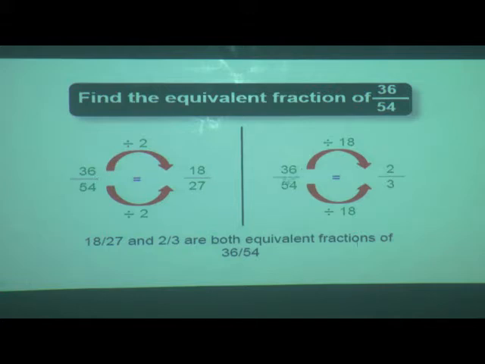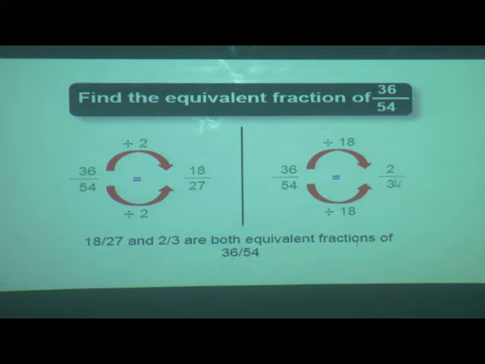In this fraction 36 upon 54, I directly divided by 18 because I know the table of 18. So 18 2s are 36, 18 3s are 54. So we get 2 upon 3.